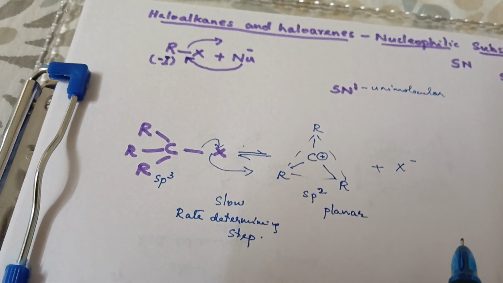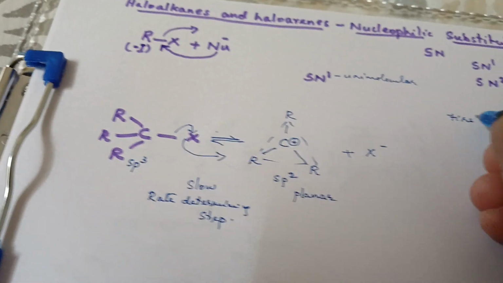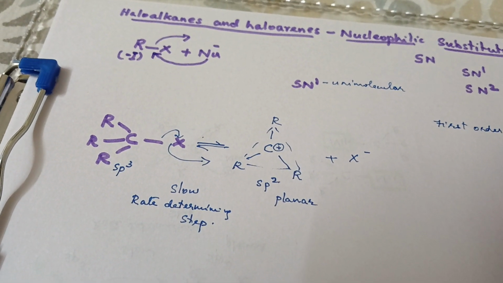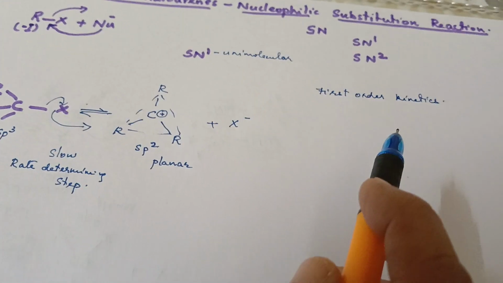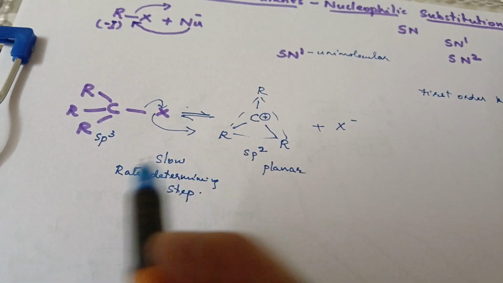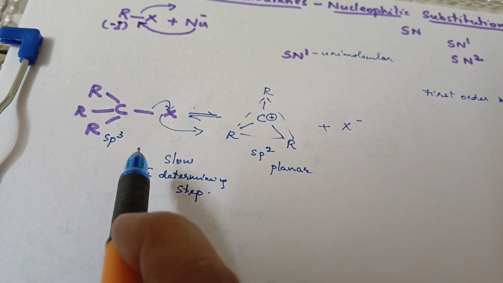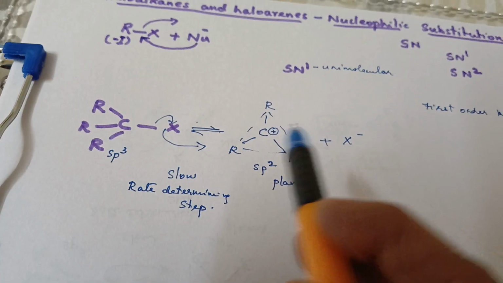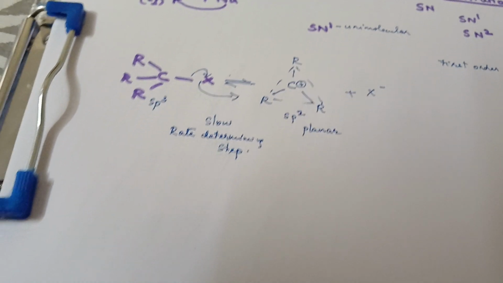This is a unimolecular reaction and it follows first order kinetics. We call it a unimolecular reaction because in the rate determining step there is only one type of molecule, that is alkyl halide only determines the rate of the reaction.